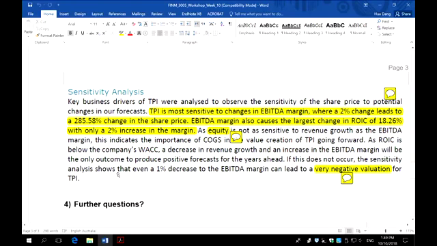And the sensitivity analysis shows that even a 1% decrease of the EBITDA margin can lead to a very negative valuation for TPI. Very negative valuation. What's a very negative valuation?